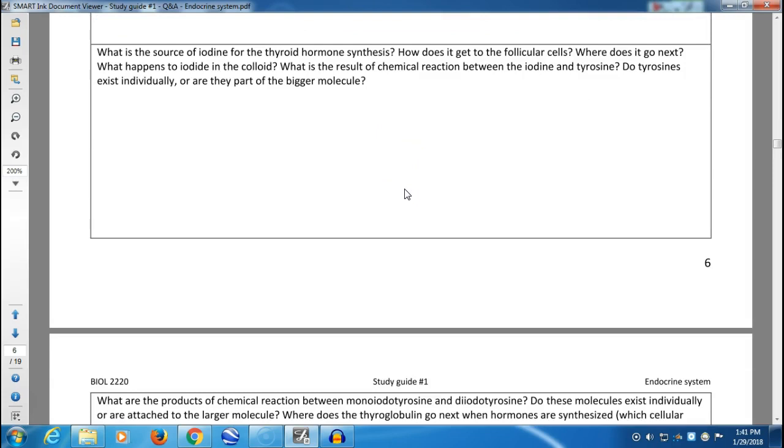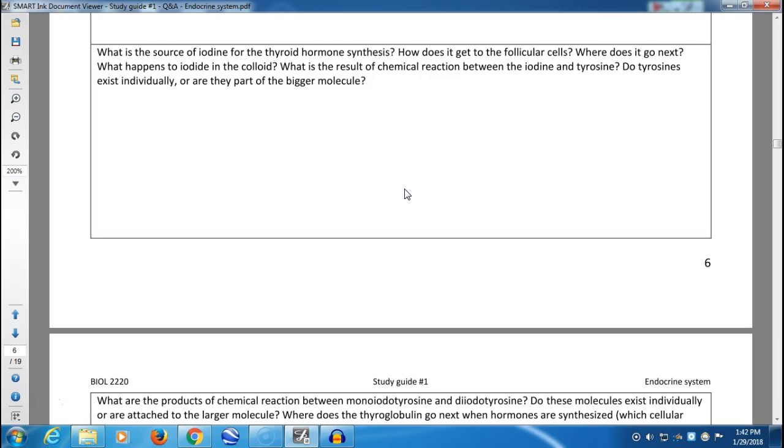Now, iodine, where does it come from? From the outside it's a component of salt. Now, in the body, where does it go to first?